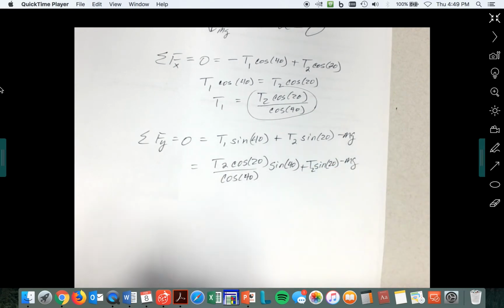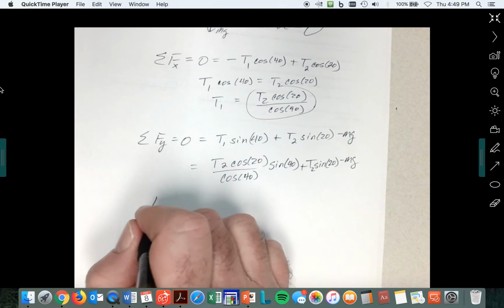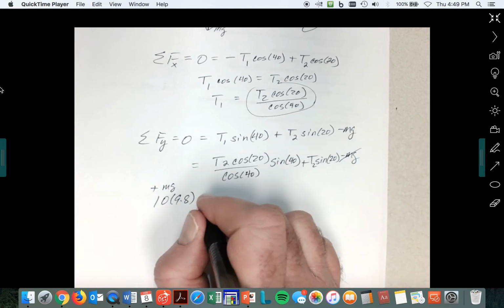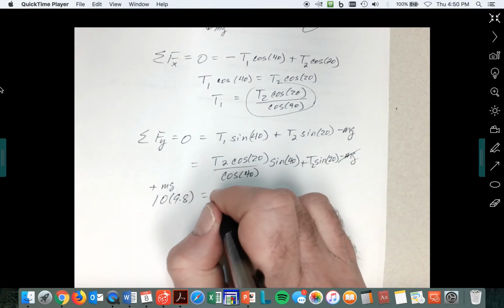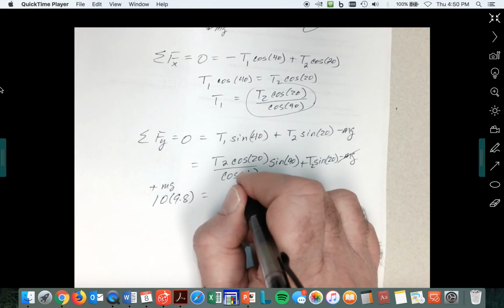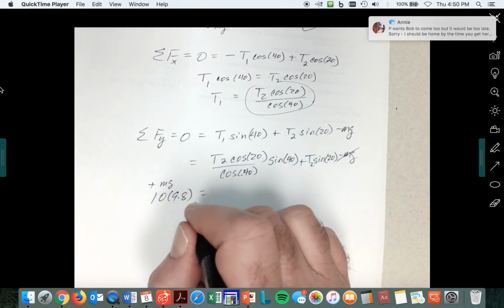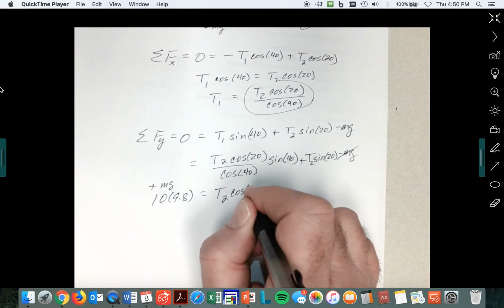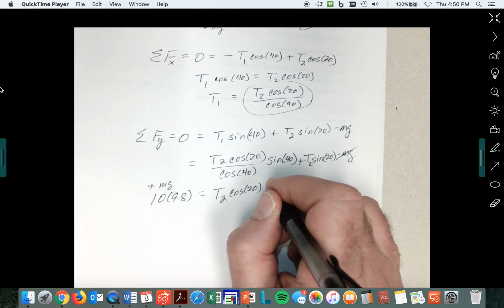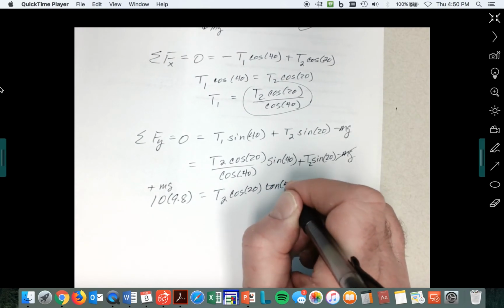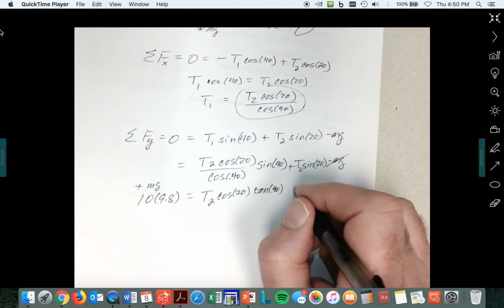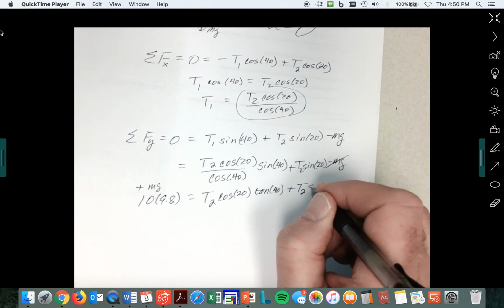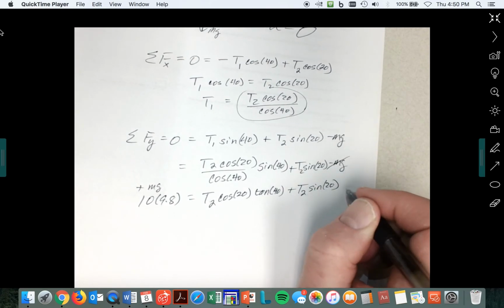So I've got 10 times 9.8, and I add mg to both sides, so that goes away. Sine 40 divided by the cosine of 40 is the tangent of 40. If you don't remember that, it's no big deal, because you can just plug in all the numbers later. T2 cosine of 20 times the tangent of 40 plus T2 sine of 20.